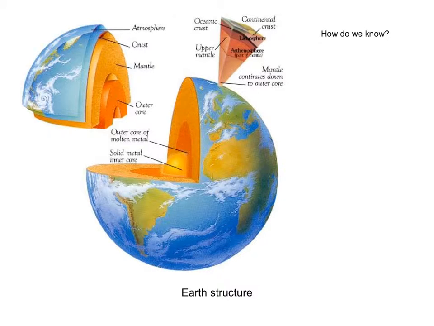No one's gone down 8,000 miles into the Earth to see what's in the crust. So how do we know that there's a core in the middle of the Earth? Because of its magnetic field? Okay, Earth does have a magnetic field, so we have to have some physical mechanism that's going to generate that.